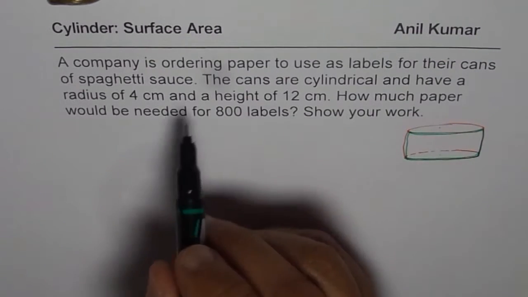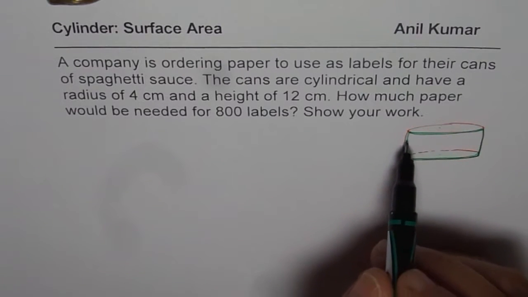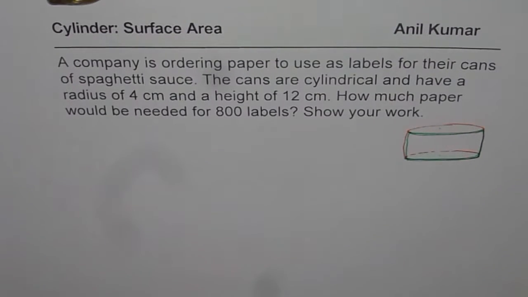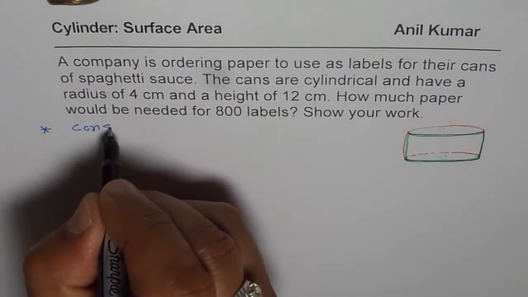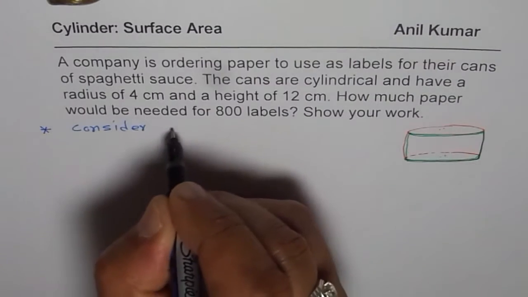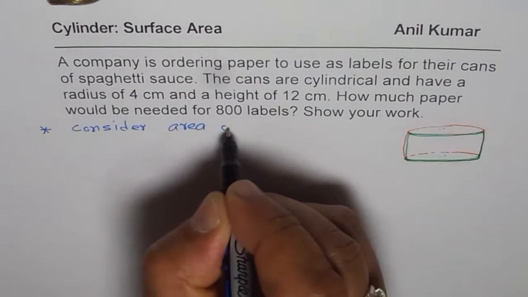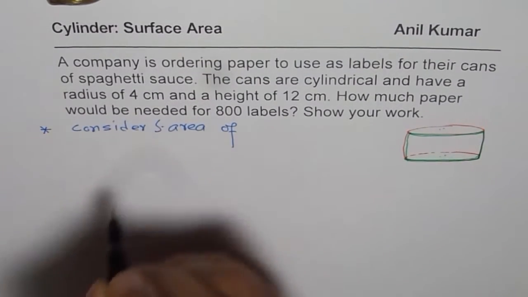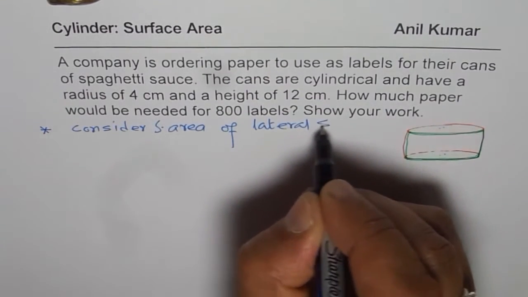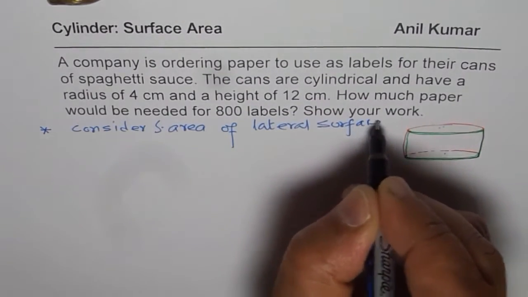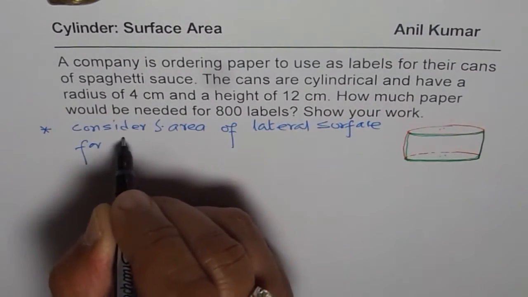So when we are considering surface area, we have to only consider the surface area of the lateral surface and not the top and bottom. So that is kind of key. The important thing here to understand is to consider the surface area of the lateral surface for labels, right?